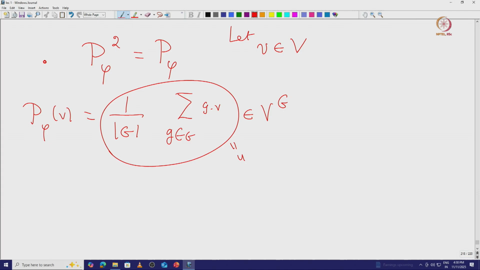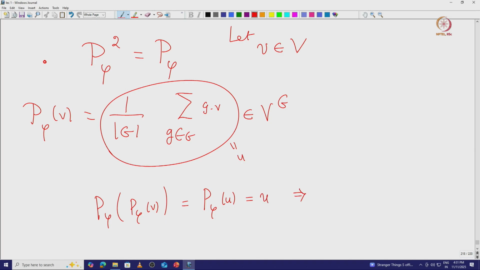So, if we apply P phi on this P phi v, you can easily see that this is going to be again P phi applied on u, but we already know that P phi restricted to this V^G is going to be identity. So, this is going to be exactly u.